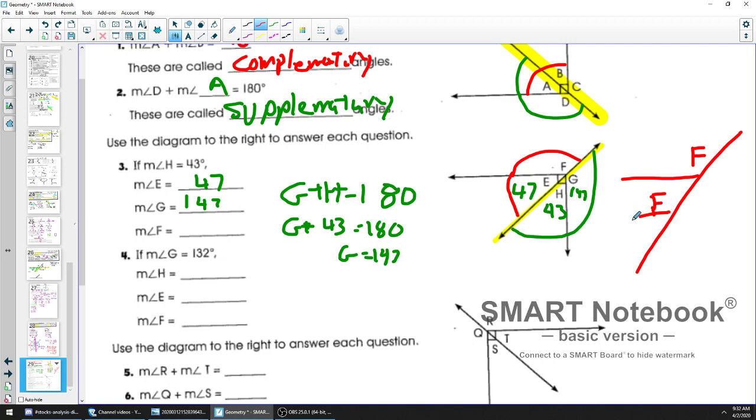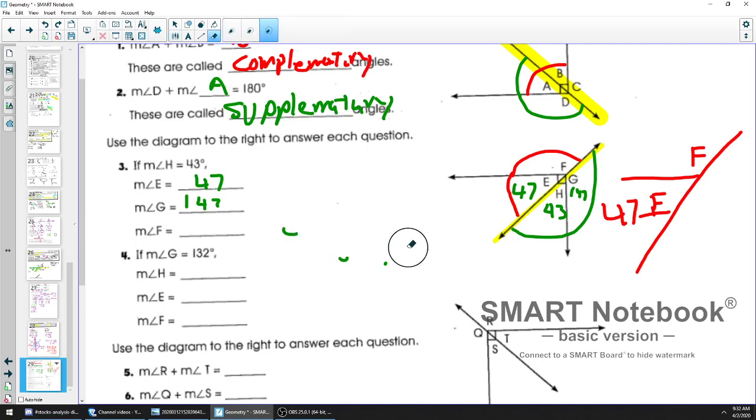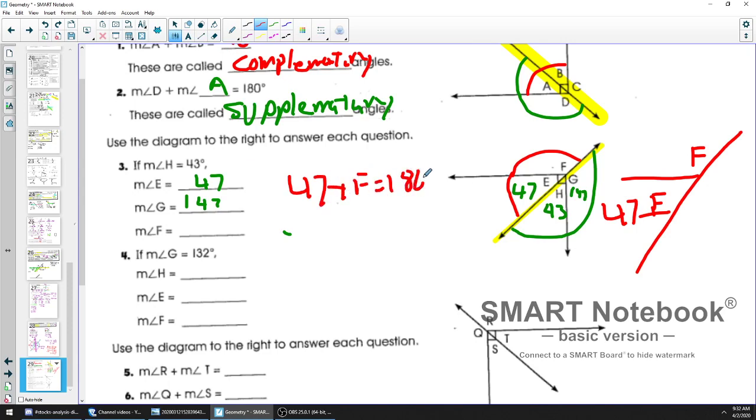It would look something like this, F, E. Now, what do we know about E? E equals 47. F, no idea. But I know the total has to equal, if you said 180, you were correct. So 47 plus F equals 180.